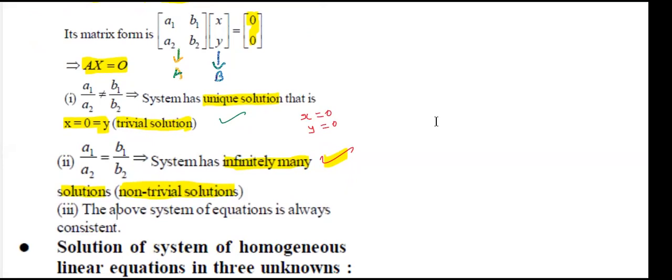That means homogeneous equations are always consistent. The above system of equations is always consistent. Okay, with two unknowns, these are the two cases for finding the solution.